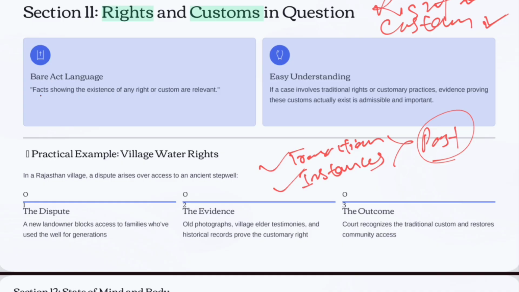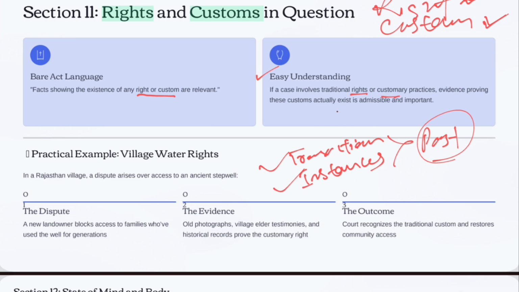In the direct language also, facts showing the existence of any right or custom are relevant. Now if we try to understand in an easy manner, if a case involves traditional rights or customary practices, evidence proving these customs actually exist is admissible and important.